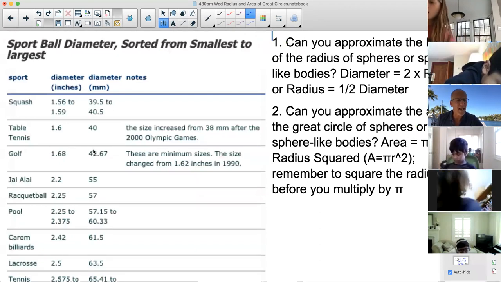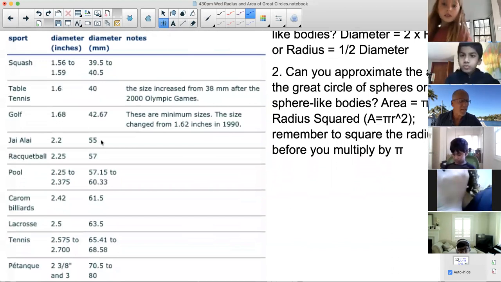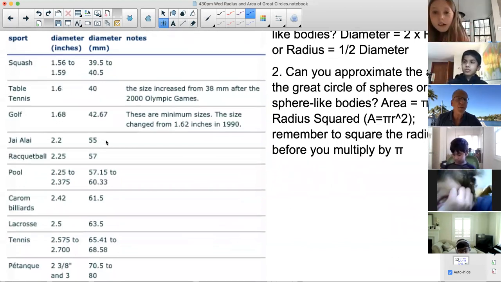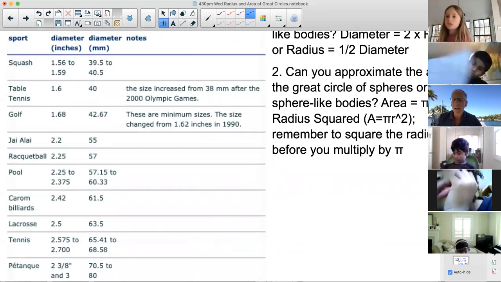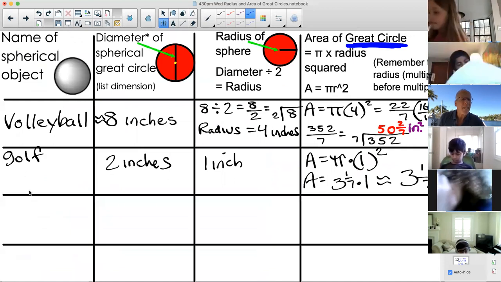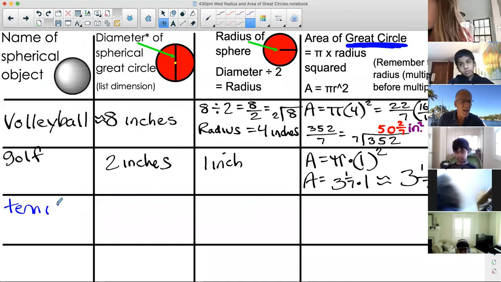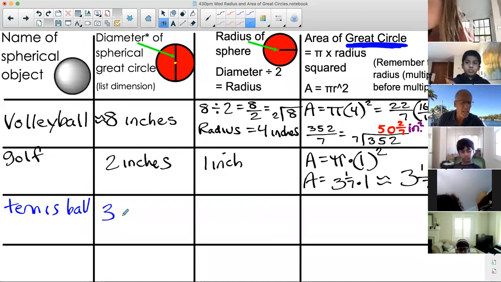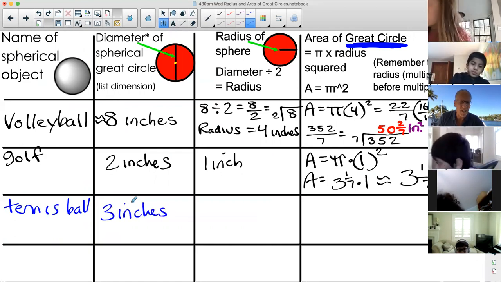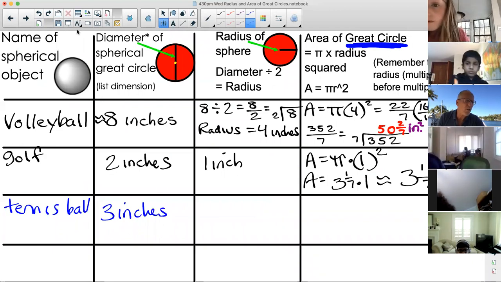A tennis ball is close to 3 inches in diameter, so everybody write it down. What do you think the first thing we need to do to find the area of the great circle?